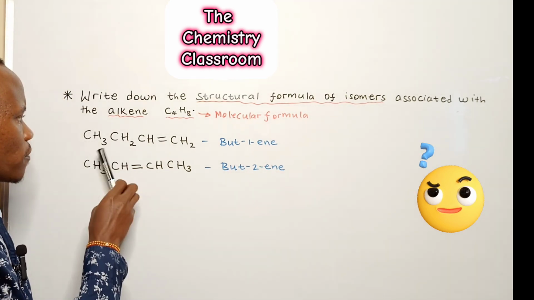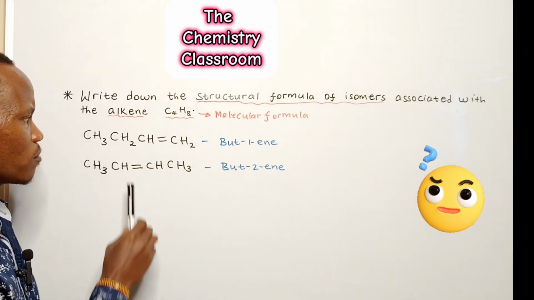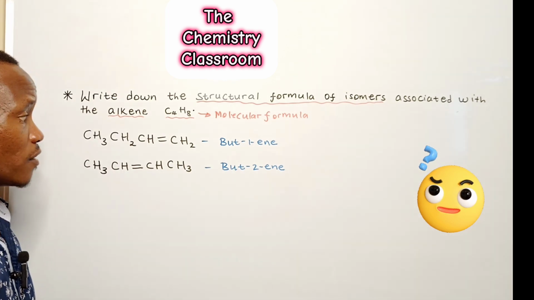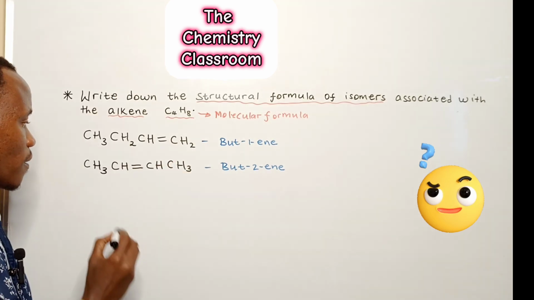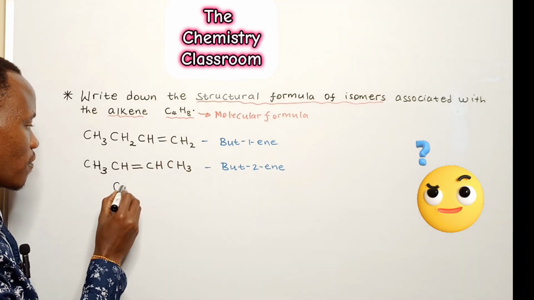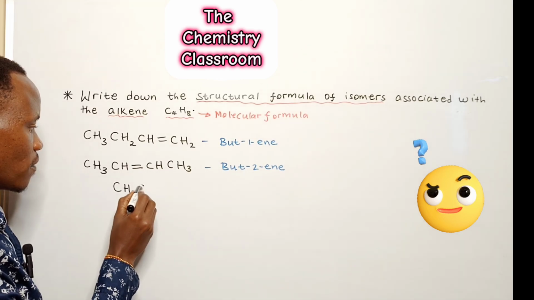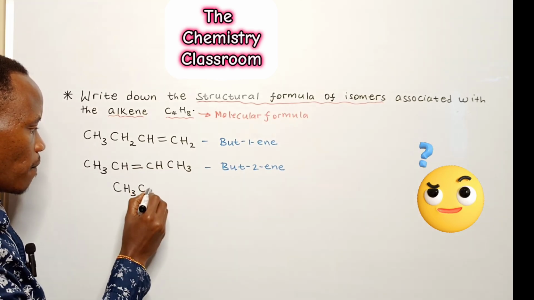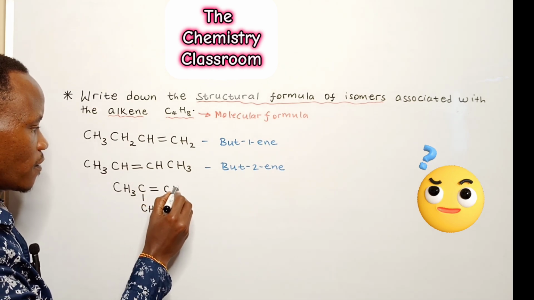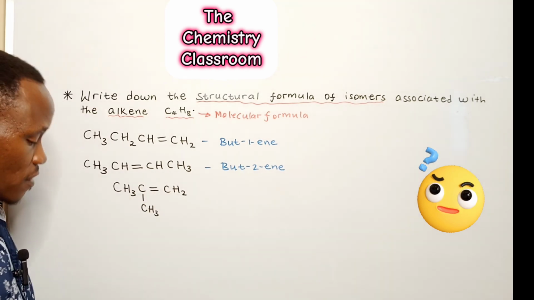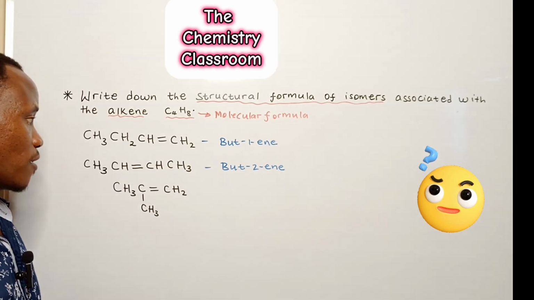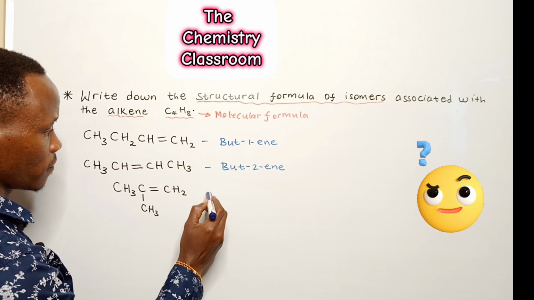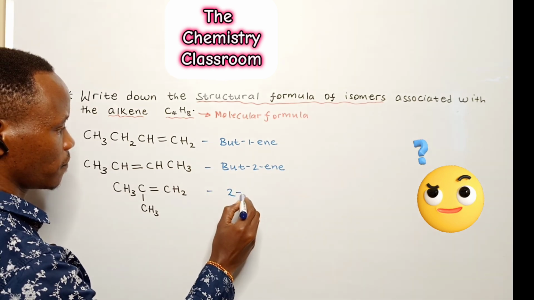And the third isomer can generate from any of these two by reducing the carbon chain and creating a substituent. So if we are to reduce the carbon chain and create a substituent, we shall have this. Now realize that our carbon chain now has 3 carbon atoms as compared to that one, also whose name according to IUPAC is the name.